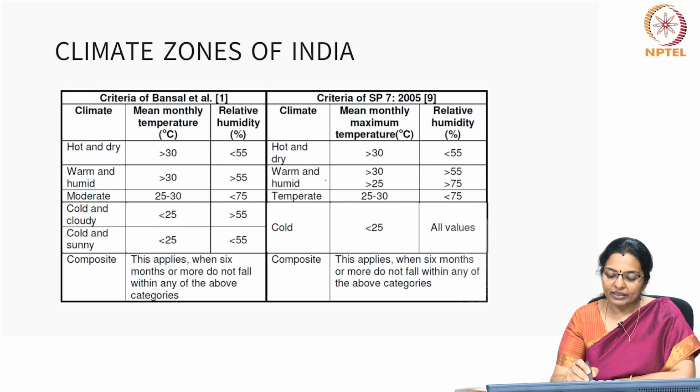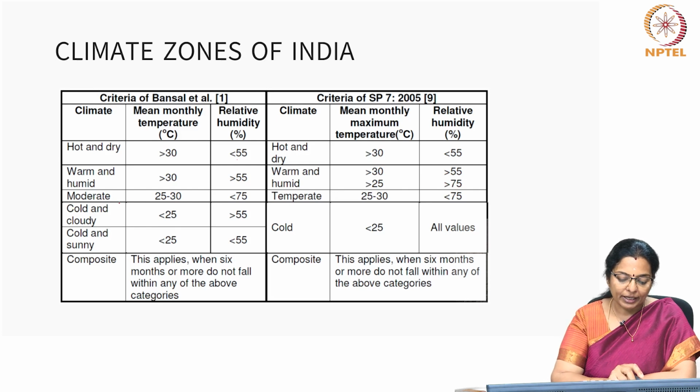Whereas SP7 gives two bifurcations. When the temperature is greater than 30 and the relative humidity is greater than 55, or when the mean monthly maximum temperature is greater than 25 and relative humidity is greater than 75%.